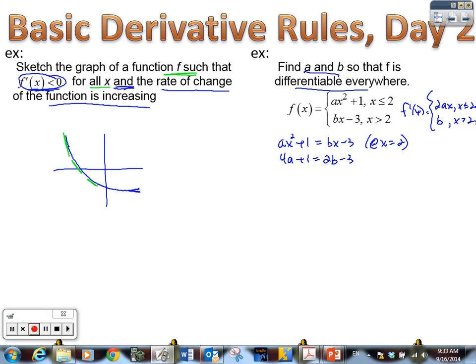So I set them equal to each other. So 2ax equals b at x equals 2. Okay, that's the location that I want them to be the same. And so then I would substitute a 2 in for x. So that would give me, what, 4a equals b.